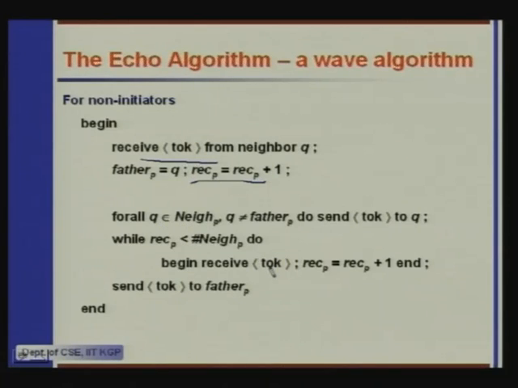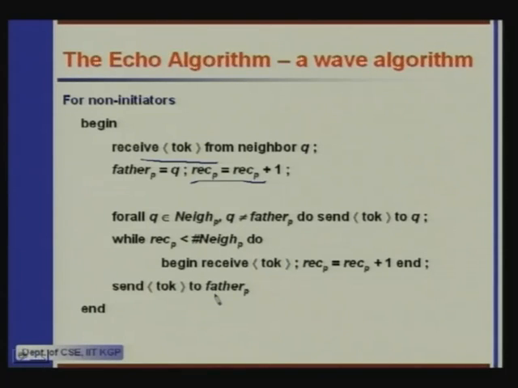Finally it sends a token to its father. Is that clear? So, this is the algorithm.